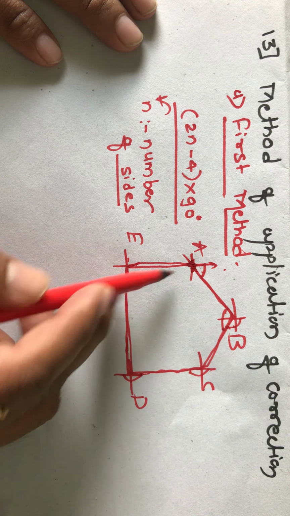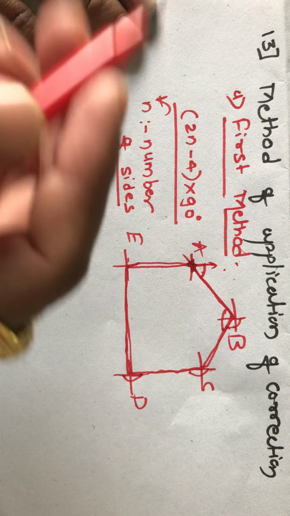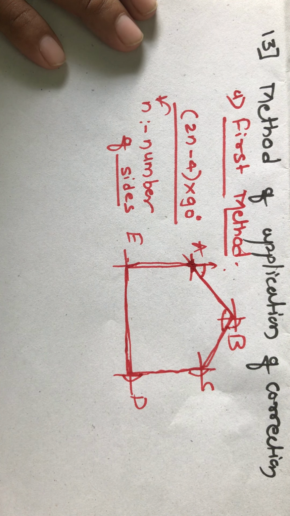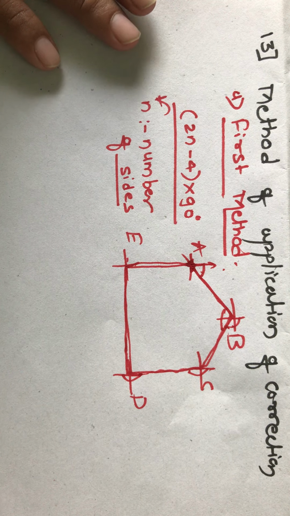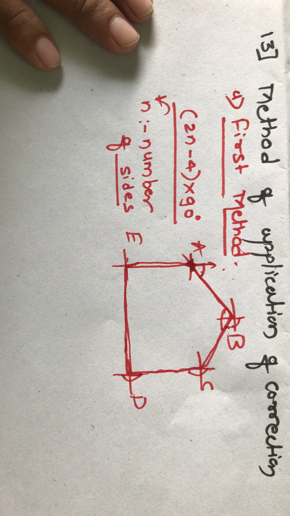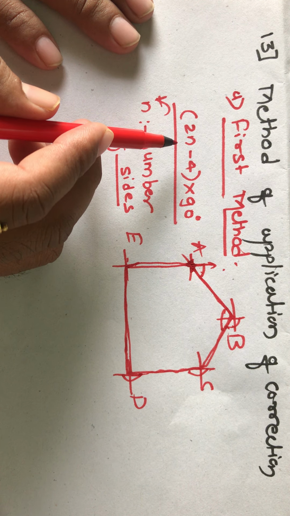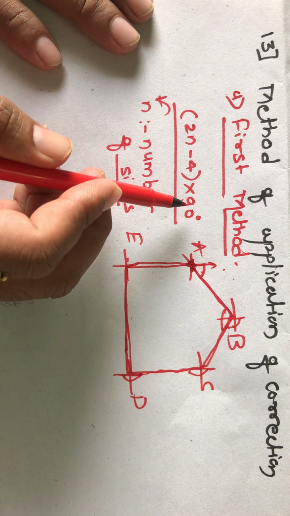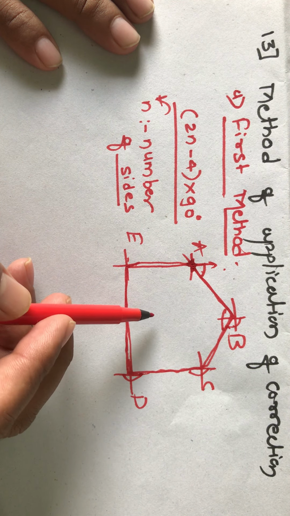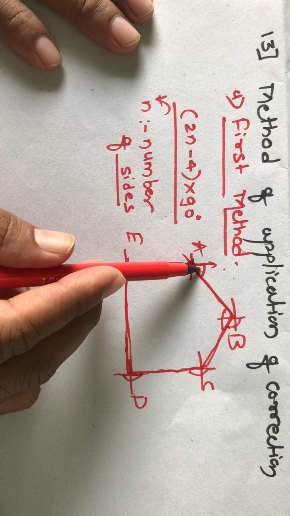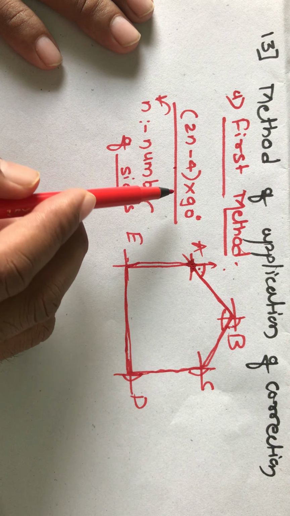First we will calculate the interior angles as per the bearings observed on the ground, and then the angular check is applied. The angular check is like this: the sum of interior angles should be equal to (2n minus 4) times 90 degrees. The summation of these interior angles as per the bearings should match.